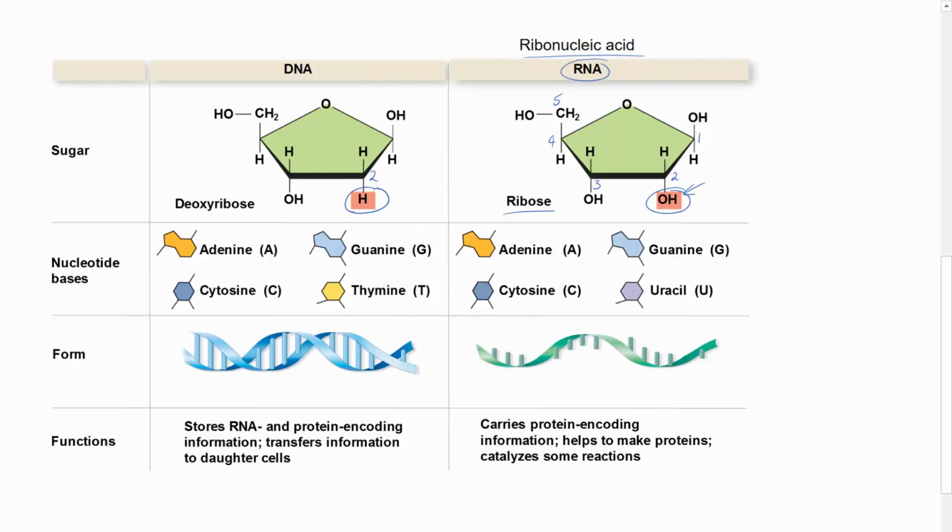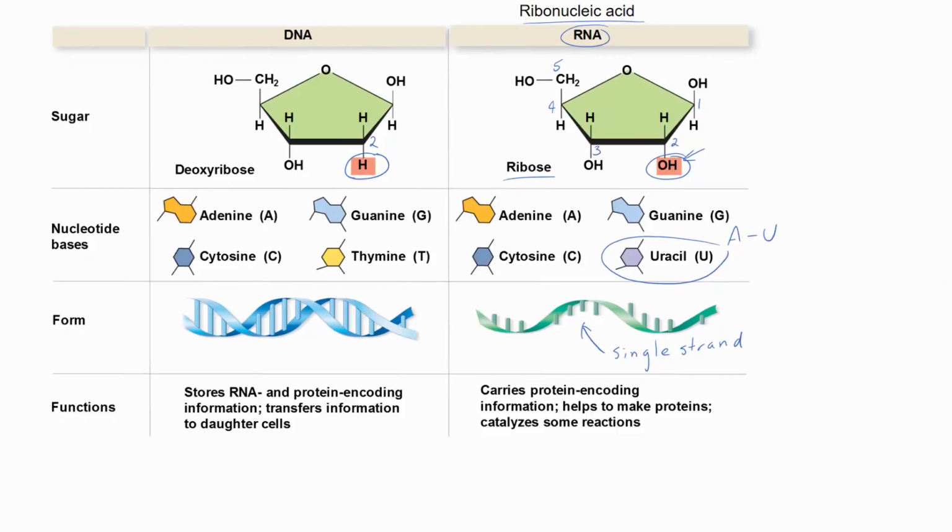Like DNA, RNA also has 4 nucleotide bases, except thymine is replaced by uracil in RNA, which means that adenine pairs with uracil in a complementary strand. Another difference between RNA and DNA is that RNA is generally a single strand, whereas DNA is, of course, a double strand.